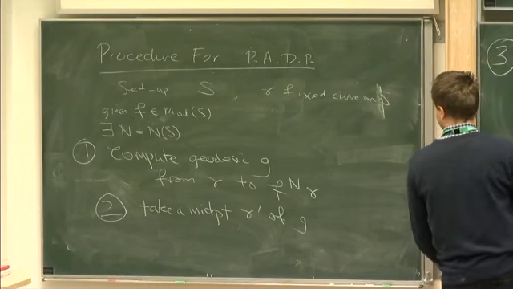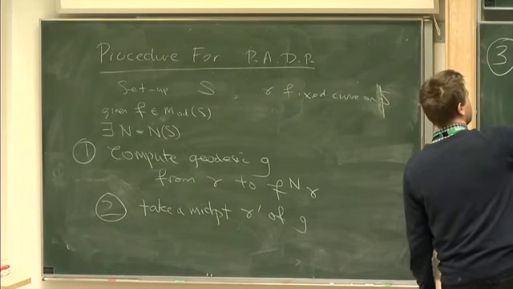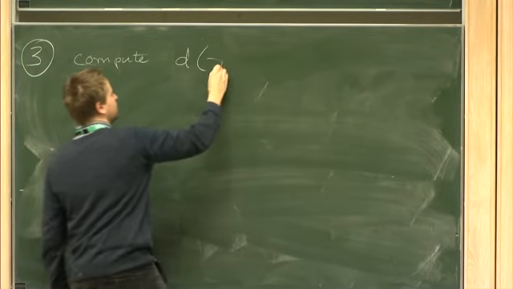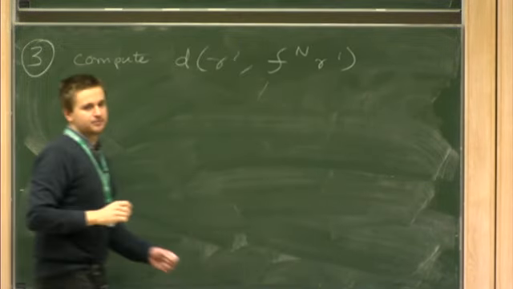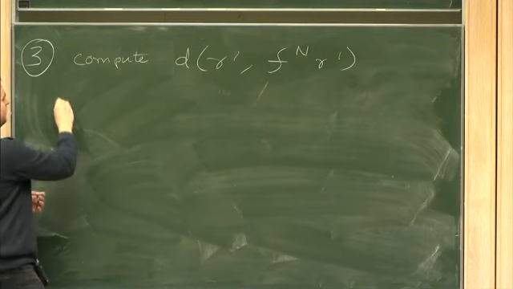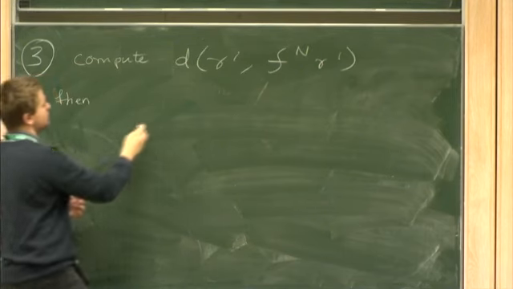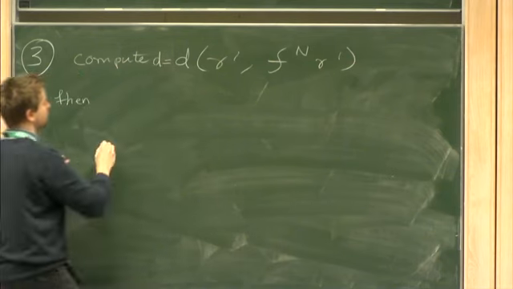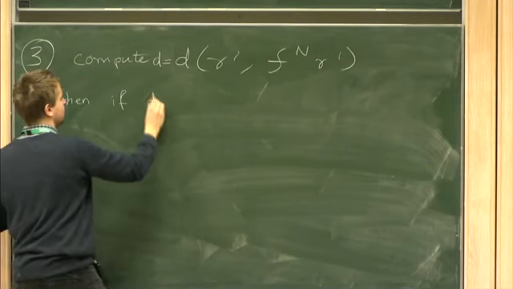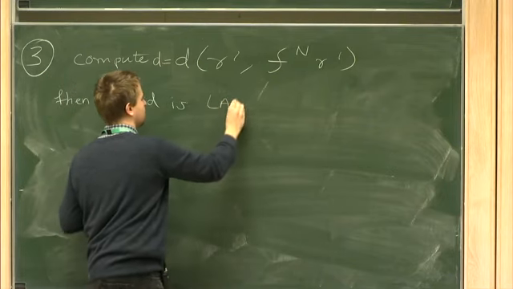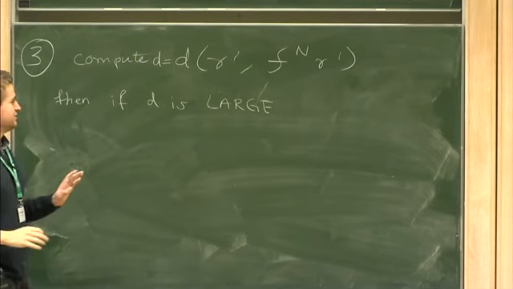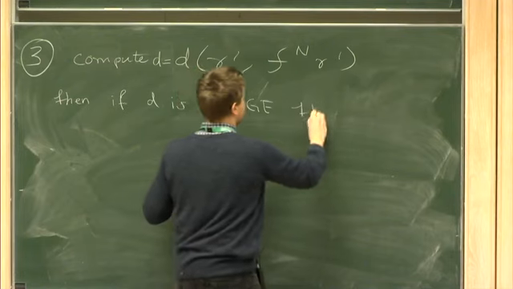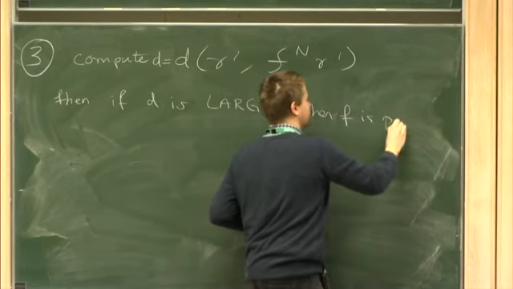So number 3, we compute the distance between gamma prime and f to the n of gamma prime, and then let's call this d for short. Then if d is large, in a sense that will be clearer later on, then f is pseudo-Anosov.